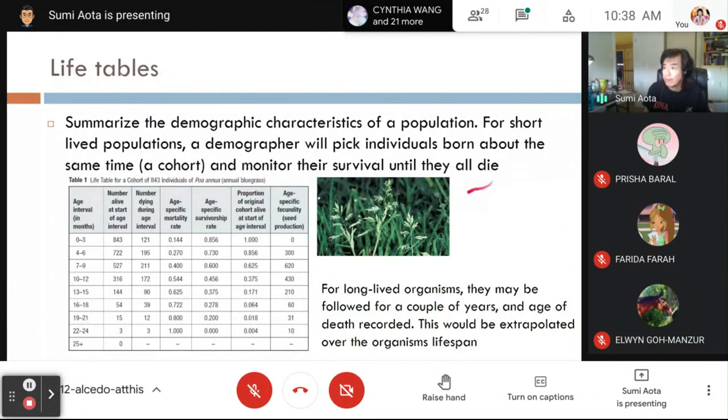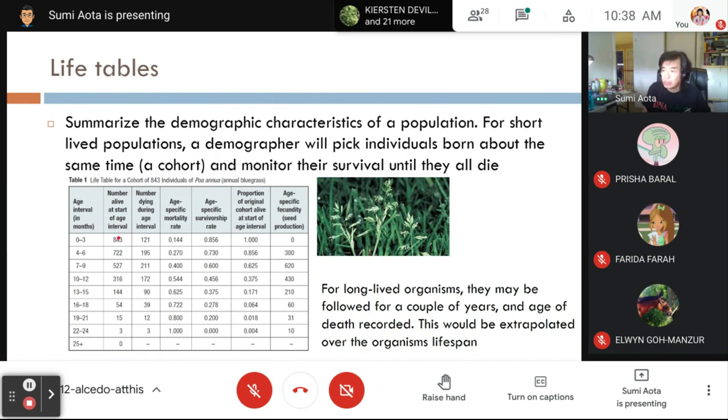Okay. So if you look at this life table for this particular grass, here's the age interval in months that they're looking at: 0 to 3, 4 to 6, 7 to 9, 10 to 12 months, up to over 25 months. The number of individuals alive at the start of the interval.